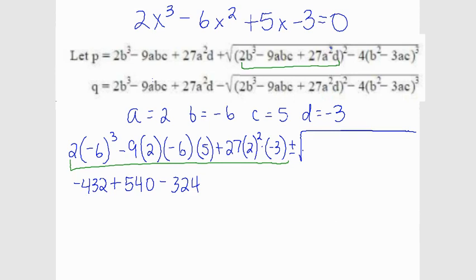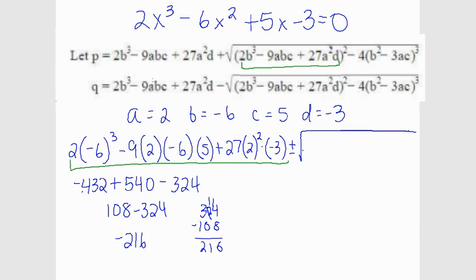So 540 minus 432 would be 108, minus 324, which would be, well, 324 minus 108, that'd be 216, so negative 216. Okay, and notice that's squared.